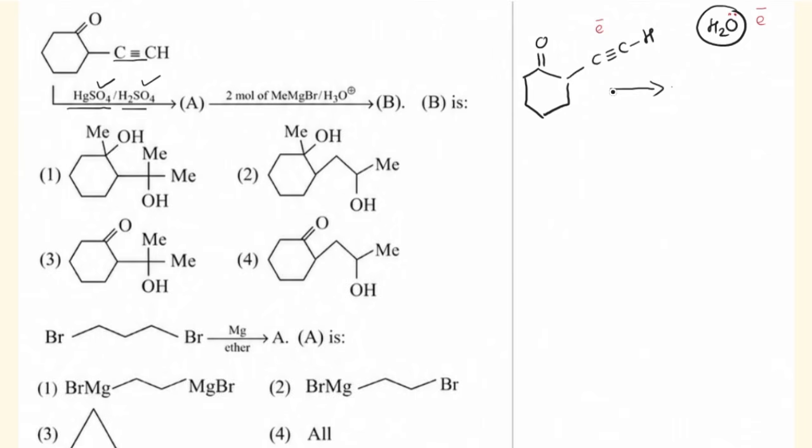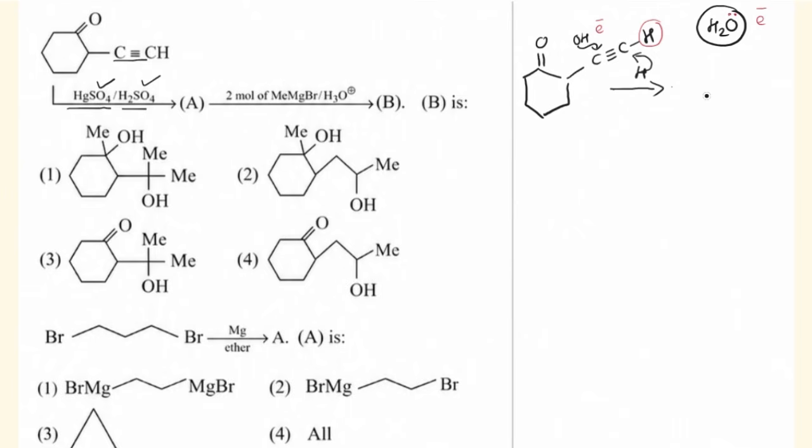Ultimately, what we are doing, we are adding water with respect to Markovnikov's addition. What does that mean? The hydrogen goes to the carbon with more number of hydrogens directly attached to it. And what about the OH? OH goes to the carbon with no hydrogens attached to it in this case.